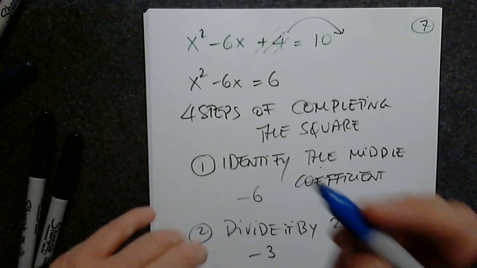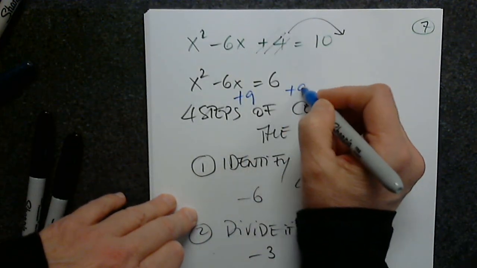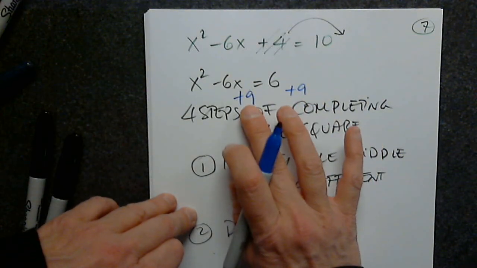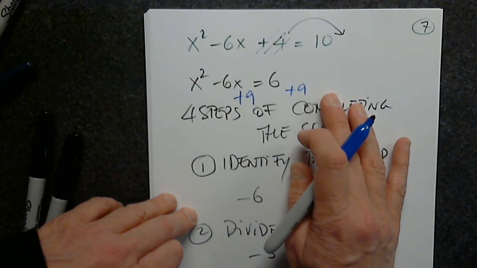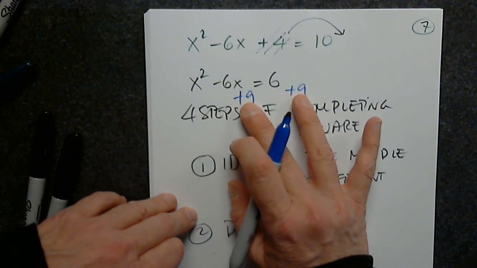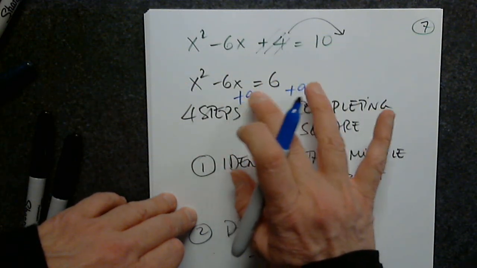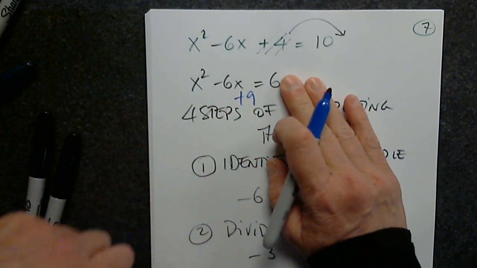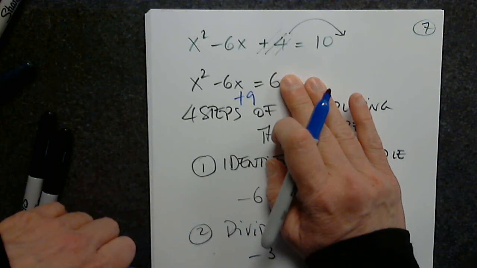But I have to add 9 exactly like this. Positive 9, positive 9. If I omit to add it to one side and add it only to the other, I change the equation. Adding 9 pounds to both sides of a balance will not change the balance. If I only add it here, it will tremendously change everything.